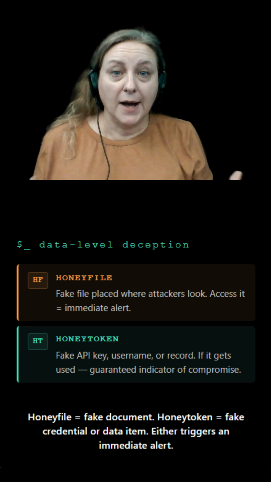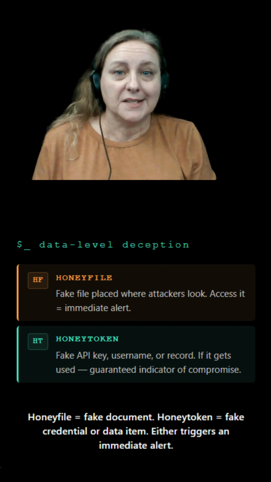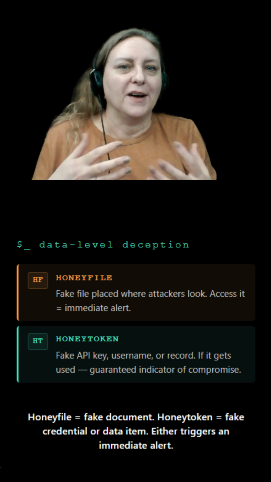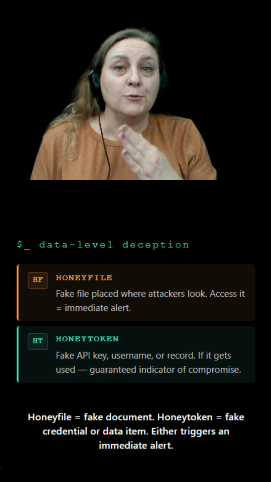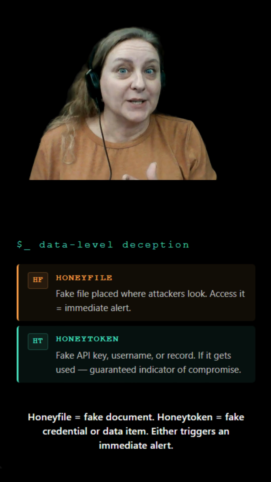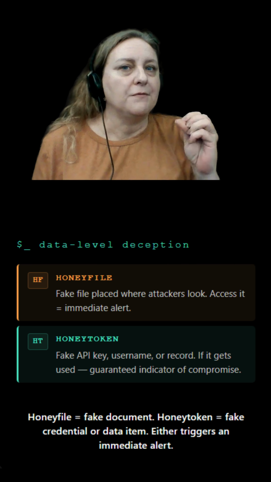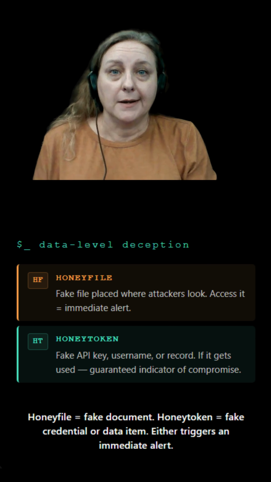Then you have a honeyfile. This is just one file, one document placed somewhere so the attacker can hopefully find it. And whenever someone accesses this file, you know right away that something is up. A honeytoken is either a fake credential or a fake piece of data.